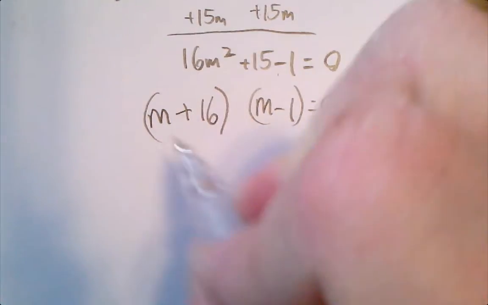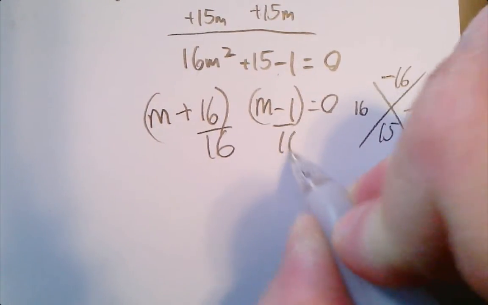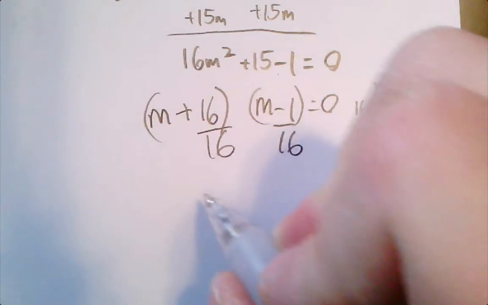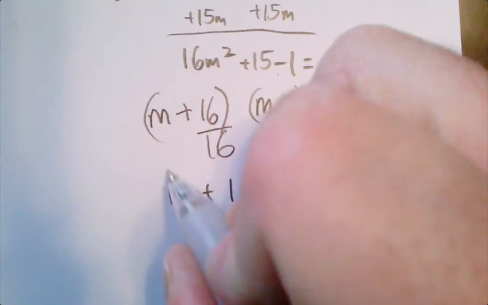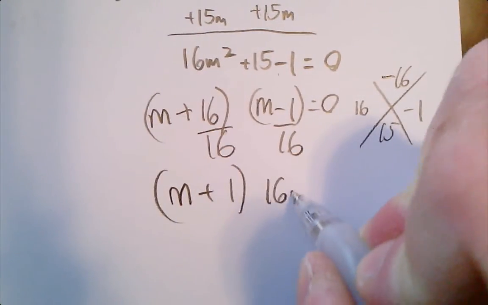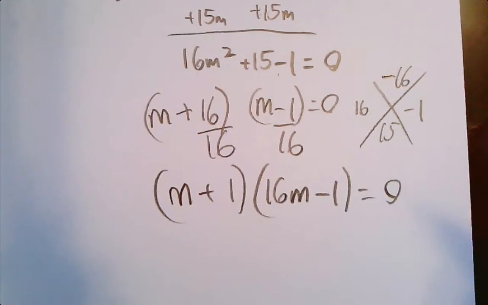Dividing everything by 16. Weird. It works though, because this is m plus 1, and this is 16m bottoms up, minus 1, equal to 0.